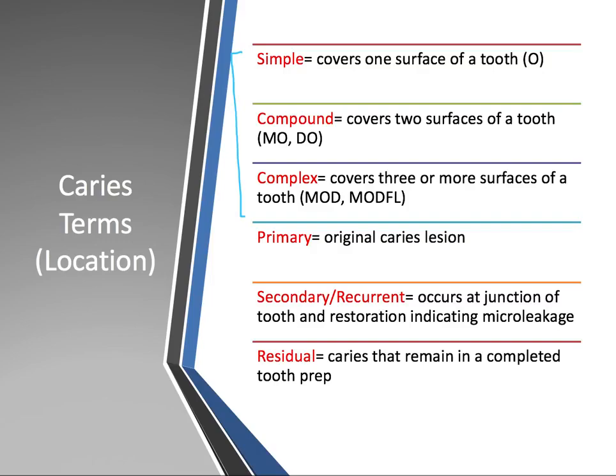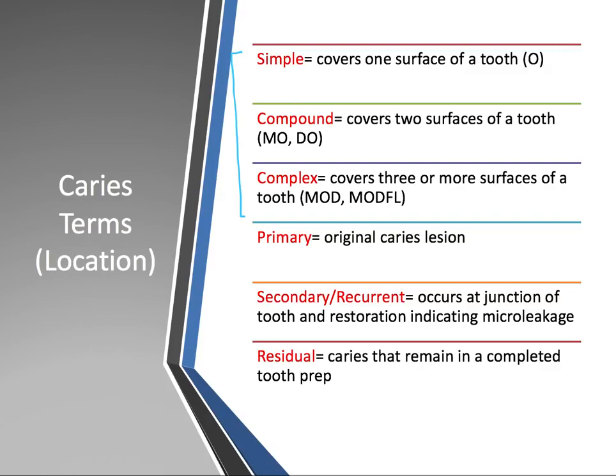So simple, one surface. Compound is two surfaces, so mesio-occlusal, disto-occlusal. Complex means it covers three or more surfaces of the tooth, so MOD, or it could be MODFL, it could be all five surfaces of a tooth. So this is caries terms with regards to how many surfaces that cavity is affecting, and the restoration to fix that can also be defined by those same terms.